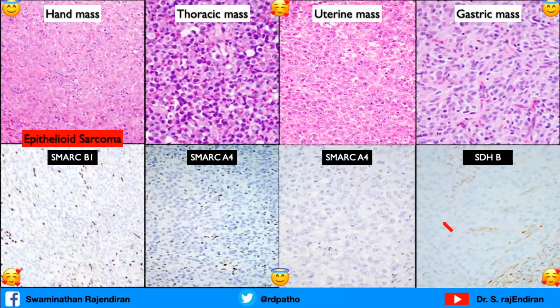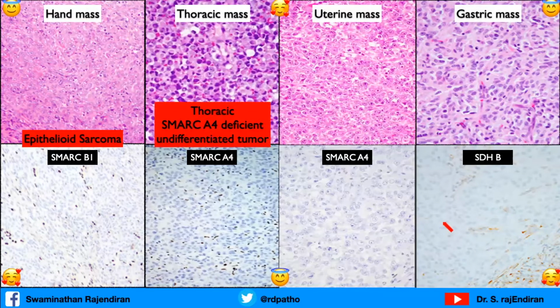Epithelioid sarcoma, more commonly seen in extremities, is INI1 negative or SMARCB1 negative. A thoracic mass with SMARCA4 negativity is known as thoracic SMARCA4-deficient undifferentiated tumor. In the uterus, it is confused with poorly differentiated endometrioid carcinoma, but because of the molecular event, it is now renamed SMARCA4-deficient uterine sarcoma.